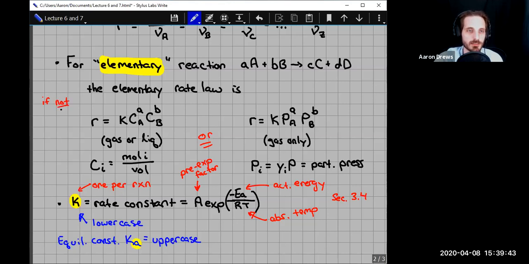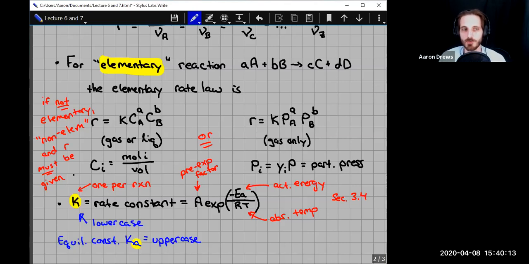If it's not elementary, we call this non-elementary because we are super clever in how we phrase things, and R must be given. So if you see the word non-elementary anywhere in a rate or in a problem, look around because the rate has to be given to you.